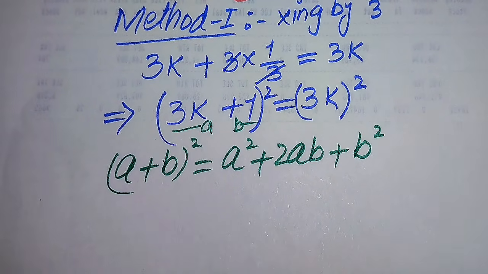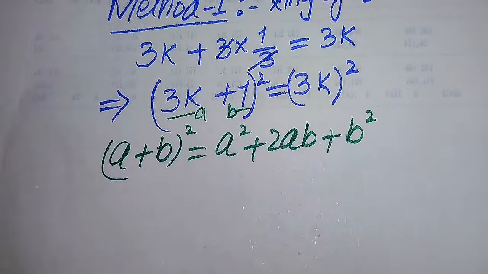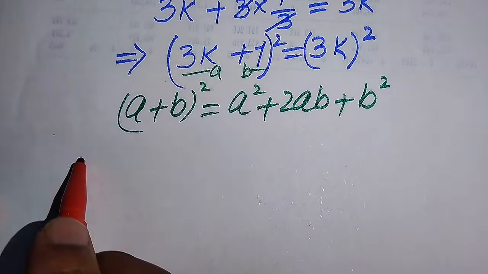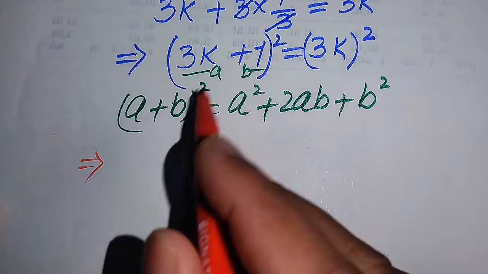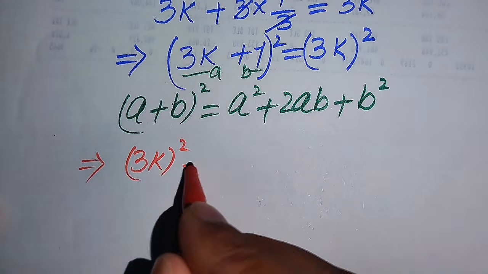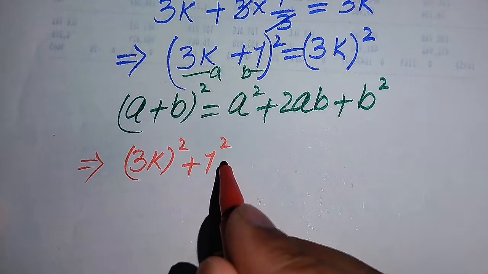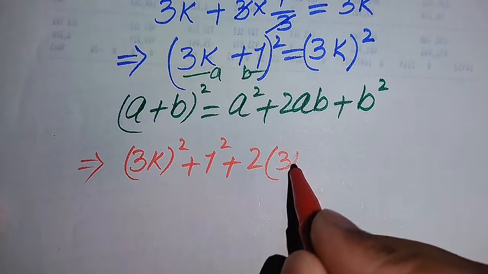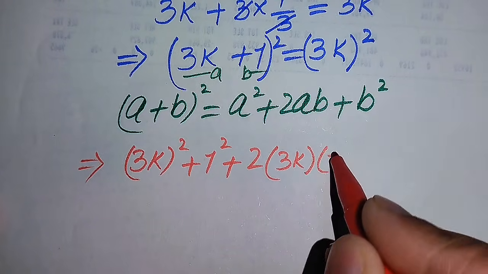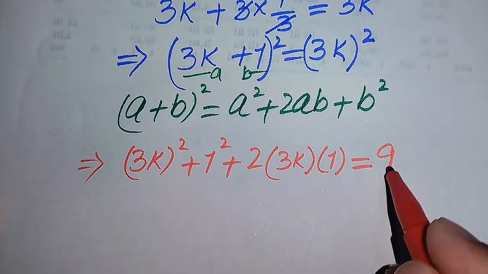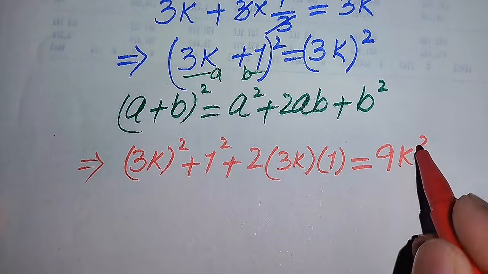After applying this formula to the left hand side, we get 3k square plus 1 square plus 2 times 3k into 1, is equal to 3 square, which becomes 9, and k square becomes k square.